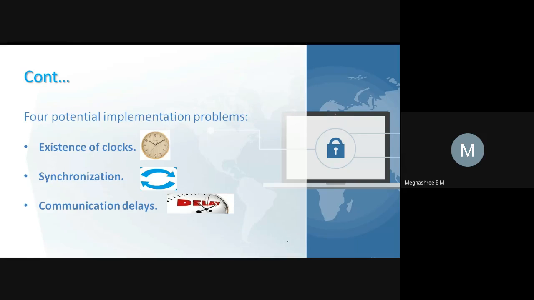Communication delay only applies if messages are sent so frequently that there is a chance that two messages arrive at the destination in the reverse order to which they were sent.